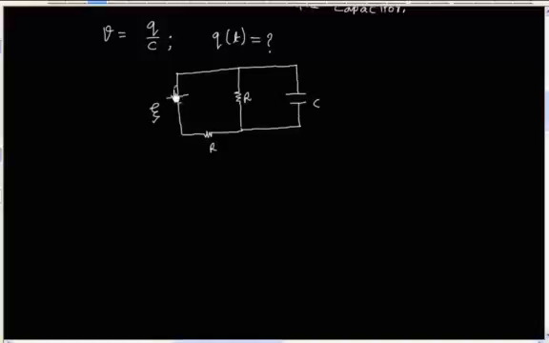Let us say the battery sends a current I. When this current reaches here, it is divided into two parts. Let us say this section has a current of I1 and this section has a current of I minus I1.